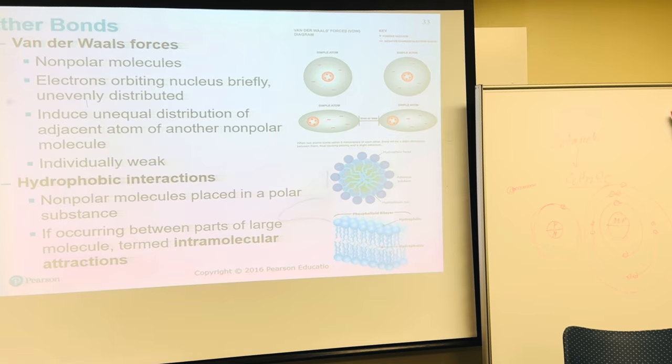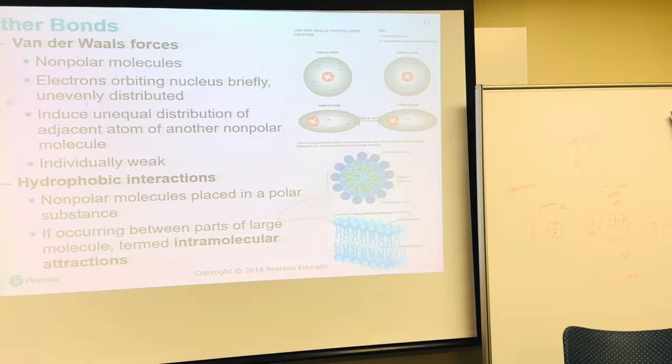What does that mean? Due to the position of the electrons, they can have a slight positive or negative charge at different sites of the molecule, and that could produce a very weak bond like the van der Waals bond. Now let's talk about the hydrophobic interaction. Do you remember when we were talking about the phospholipid bilayer of our cell membrane?